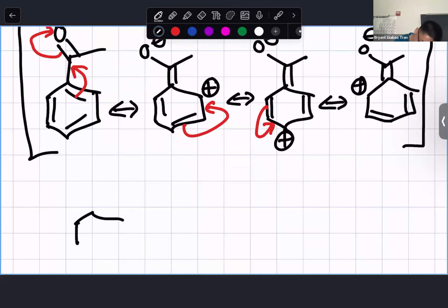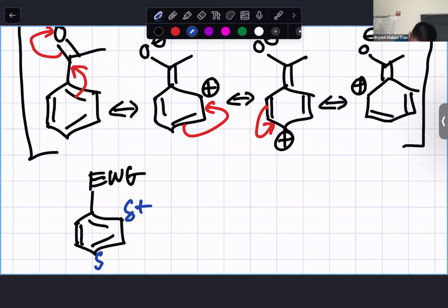So let's say we had an EWG here. There will be partial positive charges at the ortho and para positions relative to the EWG, like that, right? That makes the meta positions here the best nucleophiles in this benzene ring.